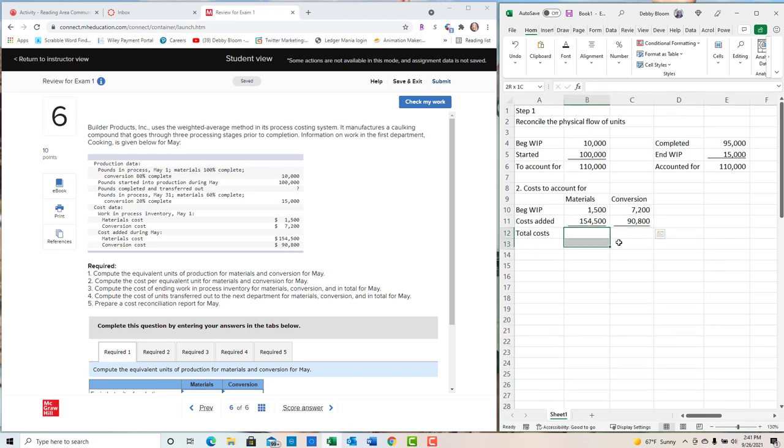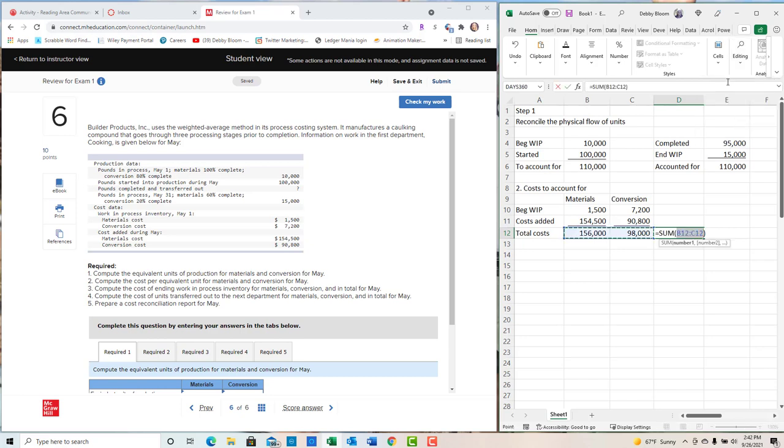I add the materials cost together and the conversion cost together. For materials, we have $156,000 of cost to account for. For conversion, we have $98,000.